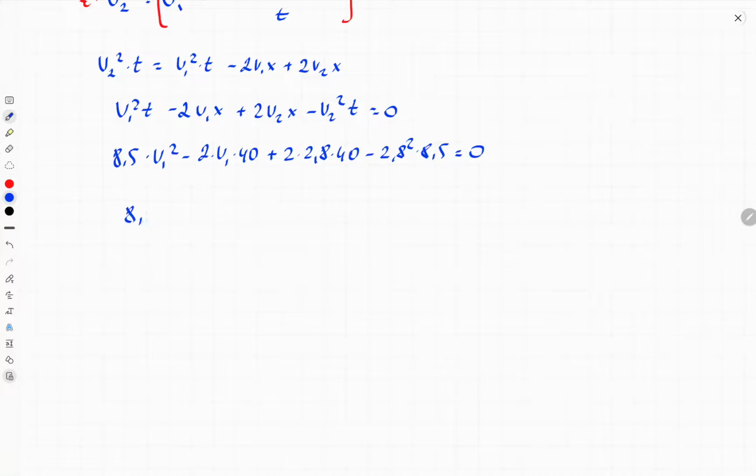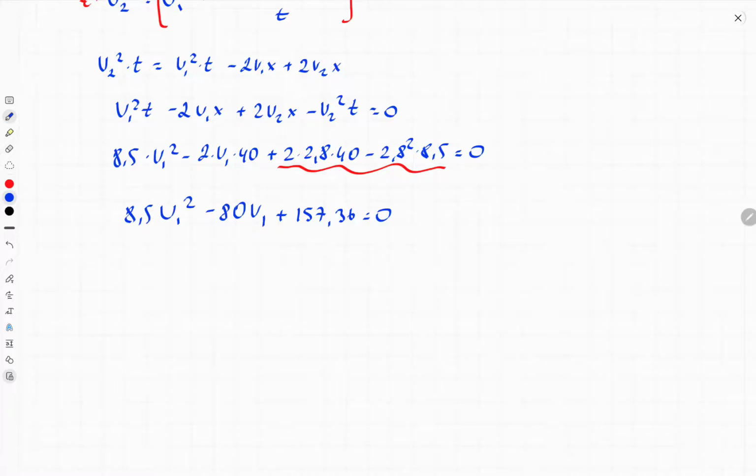So 8.5 v1 squared minus 80 v1, plus 157.36 equals 0.